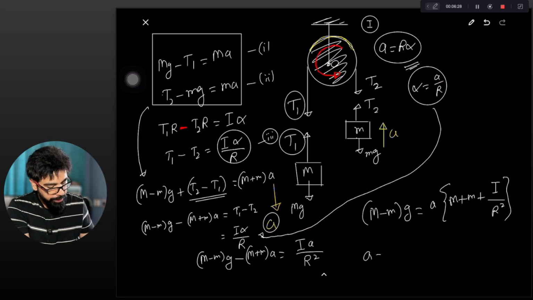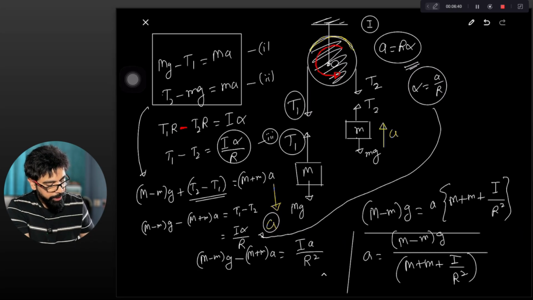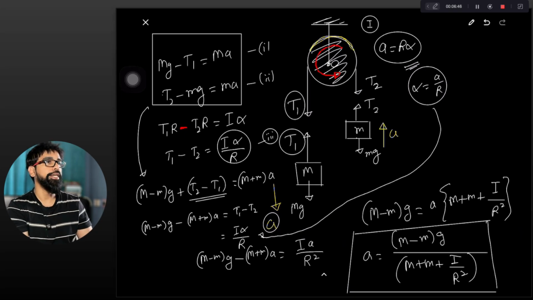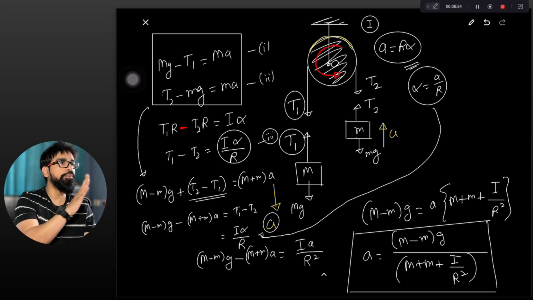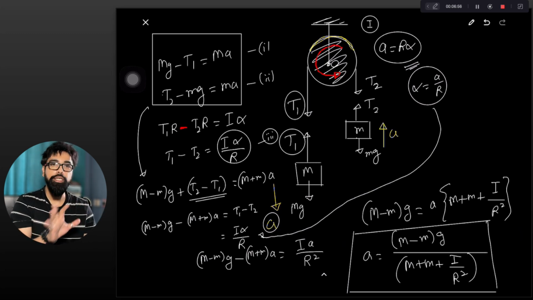So the formula for A is (capital M minus small m) into G, whole divided by (capital M plus small m plus I by R square). Now I'm not asking you to memorize this formula, which you can obviously, but it is better to understand the concept here. So please check. I hope that this equation is clear.